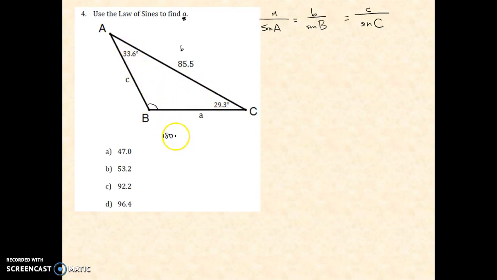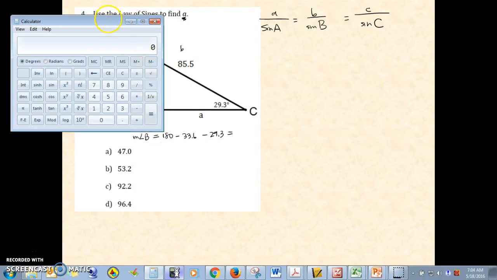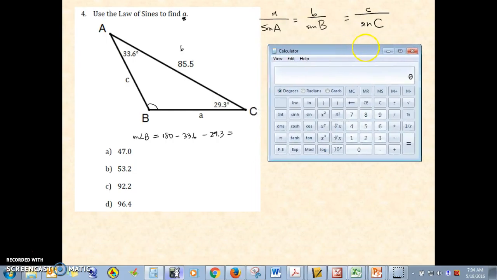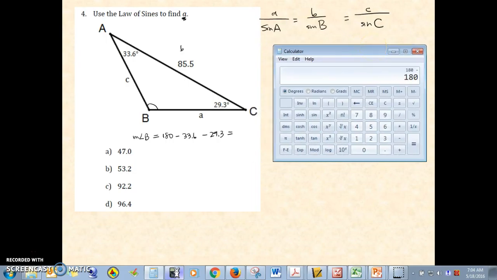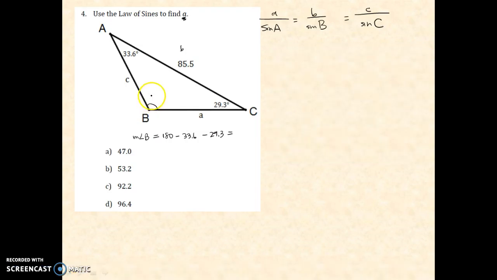So if I do 180 minus 33.6 minus 29.3, that will give me the measure of angle B. So I'll get my low-tech calculator out and do 180 minus 33.6 minus 29.3. 117.1 is my measure of angle B. 117.1. And see that little circle?